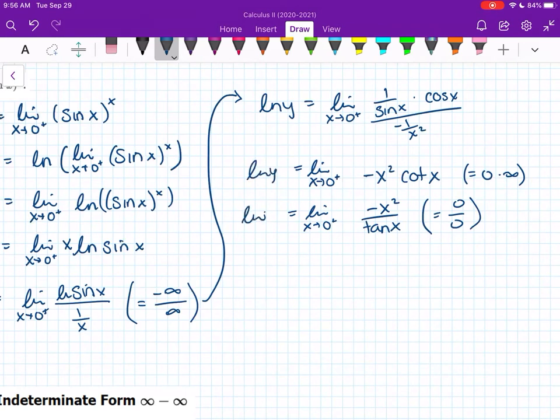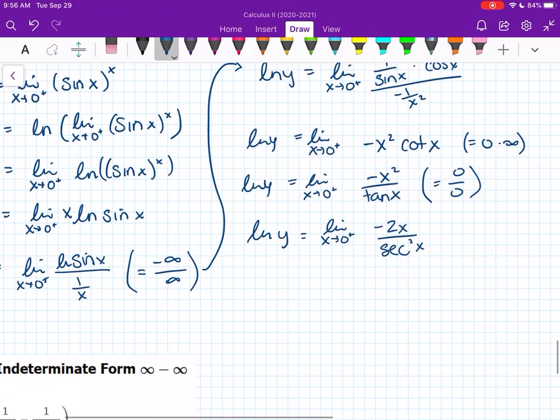So natural log of y equals the limit as x approaches 0 from the right, and take the derivative of each of those. So negative 2x over, and then the derivative of tangent is secant squared. Fantastic. And so now if I look at this, I have secant squared.